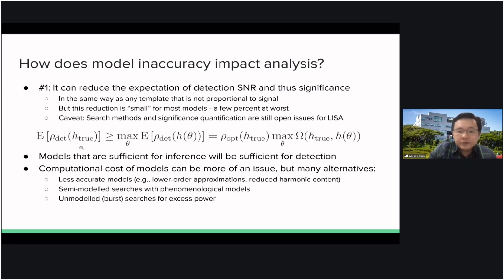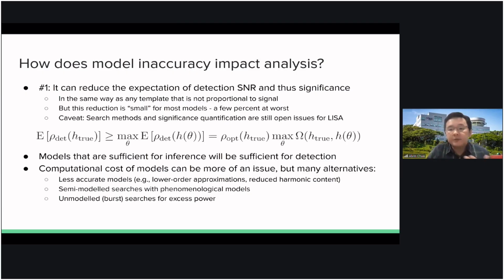If you look at the left-hand side here, it's precisely the optimal SNR of the true template, H true. However, it's reduced by this factor, and this is precisely the fitting factor that I introduced earlier, the fitting factor between H true and the waveform model. The good news is that this reduction is kind of small for most current models.